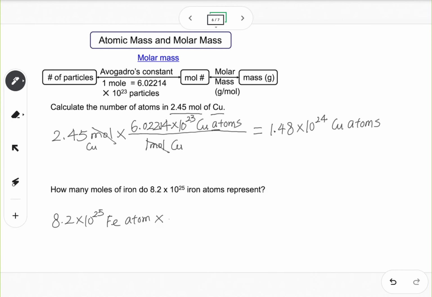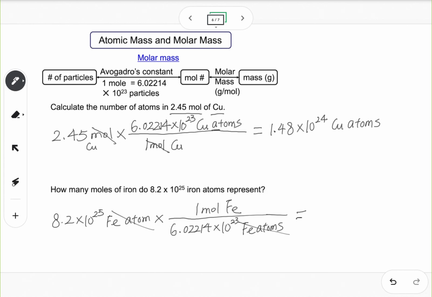What do I mean by flip it? That means Avogadro's constant should be at the bottom. 6.02214 times 10 to the 23rd iron atoms. This many iron atoms is 1 mole iron. Okay, now you can just get rid of this.